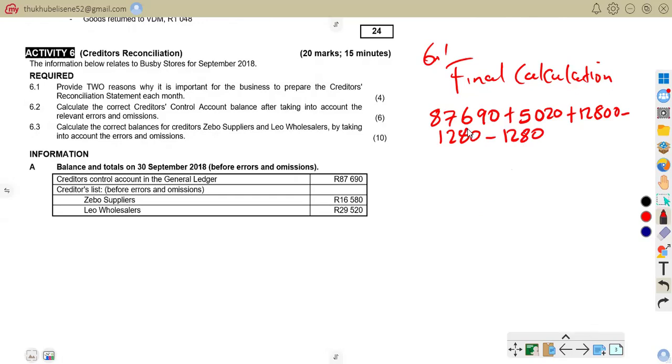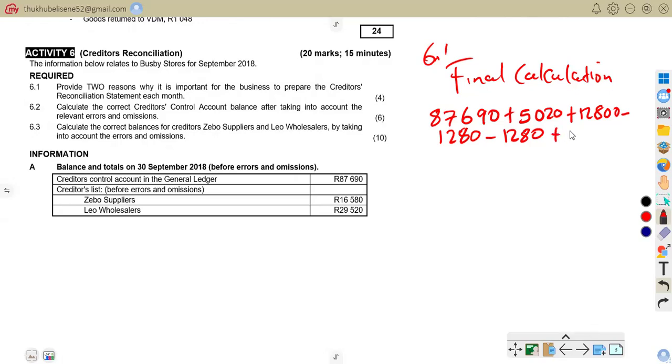So hope you still remember that. 1,280 is that debit note for returns. These are the amounts for returns. You remember very well that we've said we were to remove this 1,280 from a control account where it was credited wrongly. And then we are removing it. Yes, it's going to as well again reduce the amount owed. So remember that amount very well.